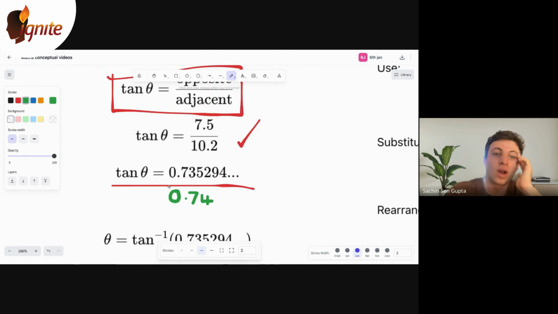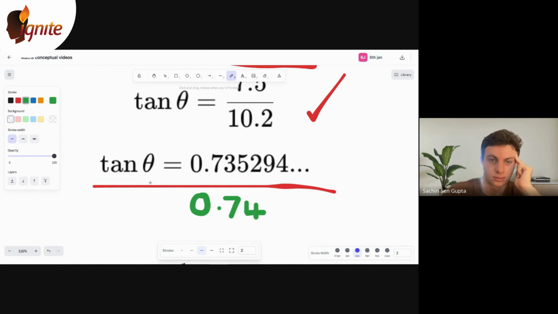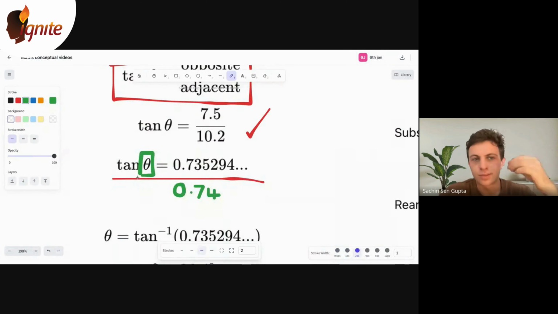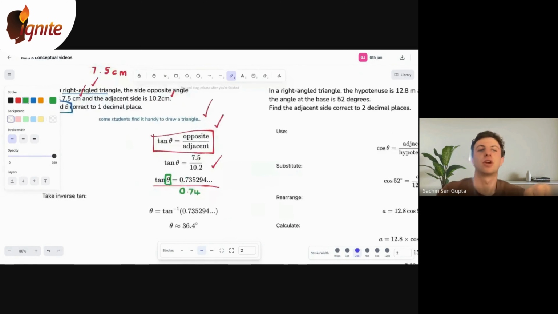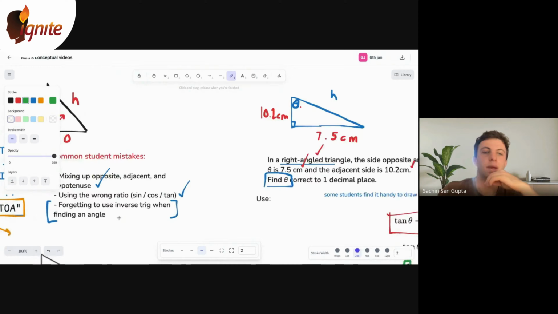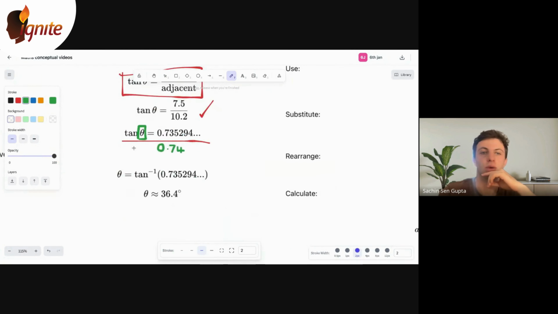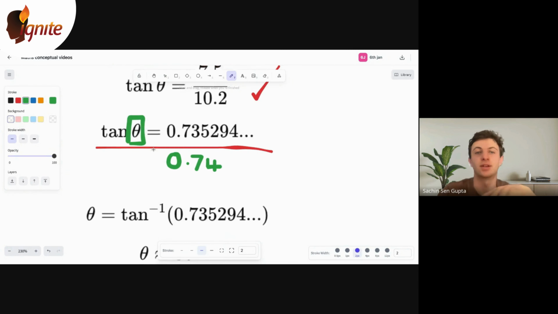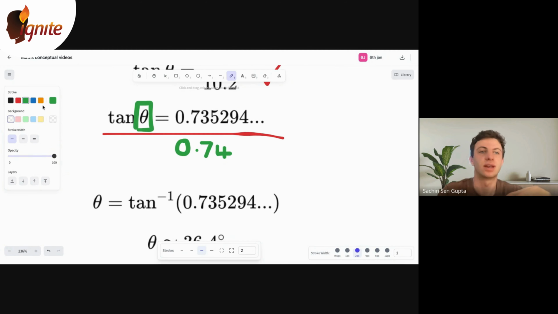Now, we're asked to find theta. We're asked to find this one, right? In simple algebra, if we want to find x, you have to get everything else that's not x to the other side, right? So this goes to our thing of people forgetting to use inverse trig when finding an angle. We want theta by itself. So we need to get tan over this side.